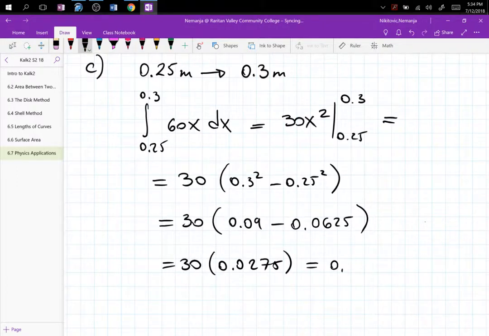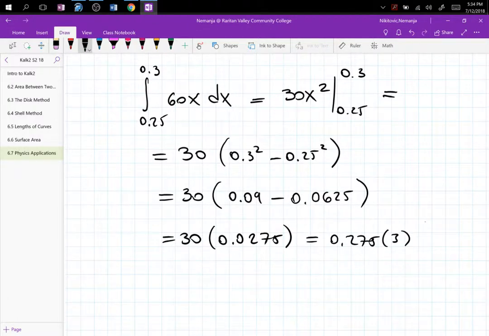Which is 0.275 times 3. That's what? 600, 210, and 15. Gives us, that's an 8, right? Yeah. So 0.825 joules. Or whatever your calculator gives you.